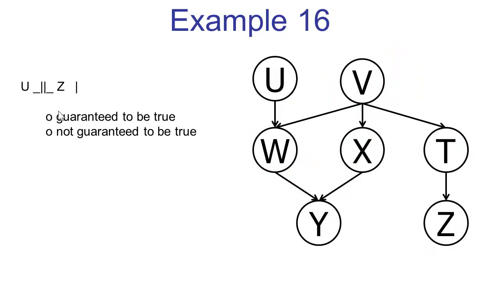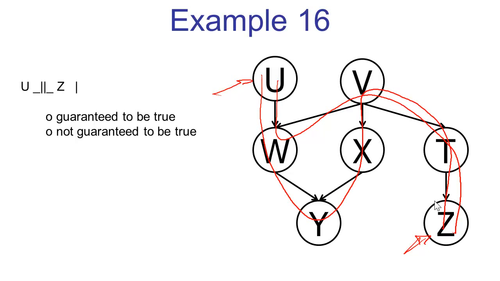We're asked about U and Z with no evidence. There's this path here. Then there is this path here. Okay, let's start with the UWVTZ path.